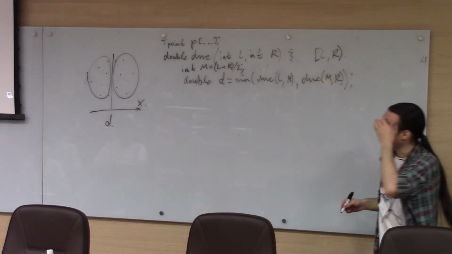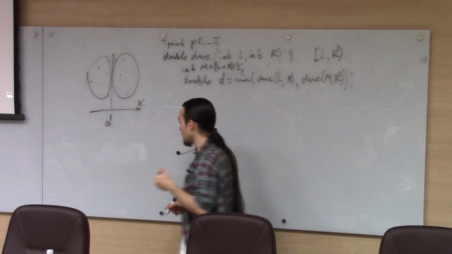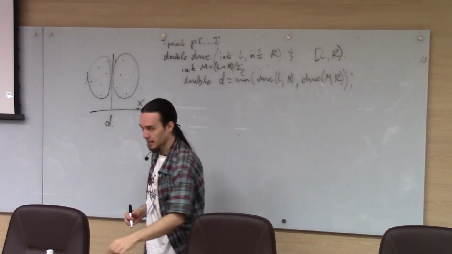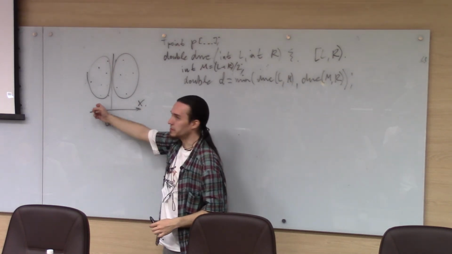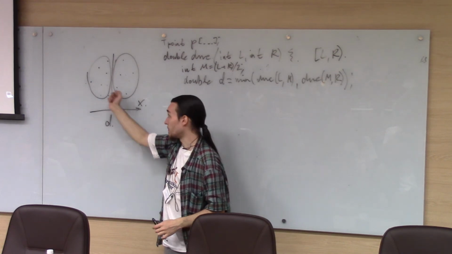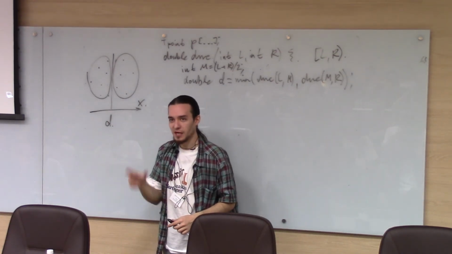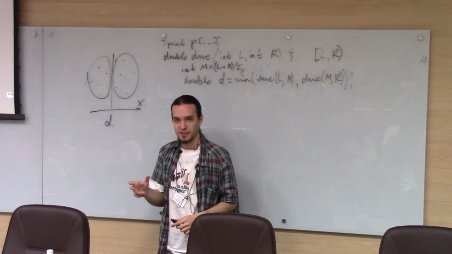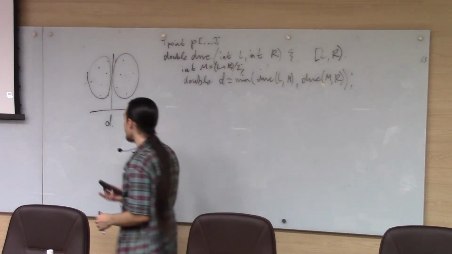Okay, now what? So now we have our d, and the number d means that in either half of our set, no pair of points are closer than d. Correct? Because otherwise that would be our answer.